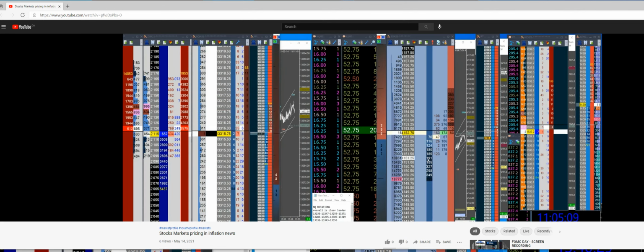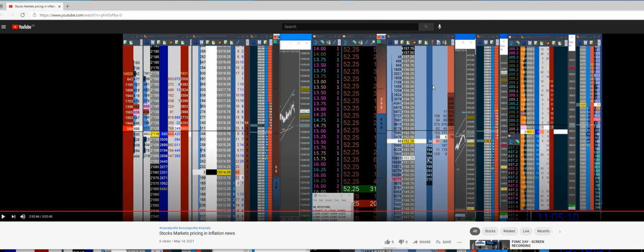To make sure we're on the right page, we've got the ES here, the NASDAQ here, and the bonds. My demonstration is really on the ES for the bids being pulled and all that. I've got the snapshot here telling me that mostly the bids are stacking versus the offers.